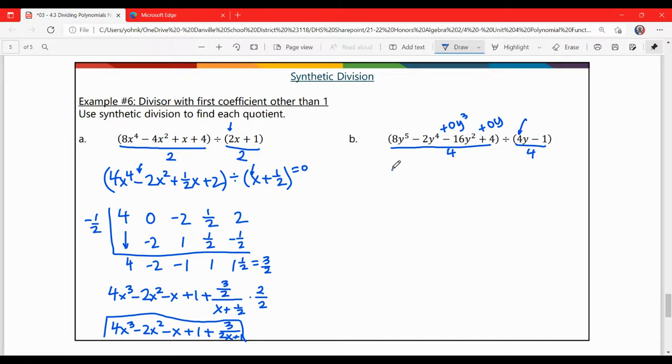So that's going to give me 2y to the fifth minus 1 half y to the fourth. The 0y cubed, I don't really have to write, minus 4y squared plus 1, all divided by y minus a fourth.